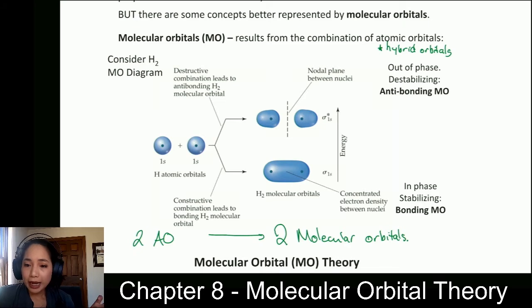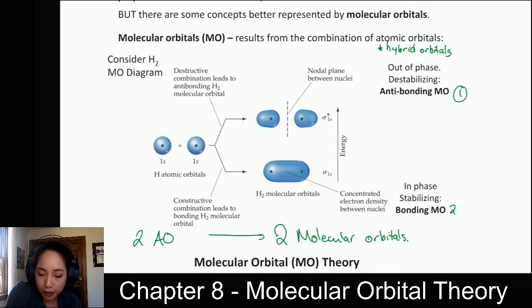When you do a linear combination of atomic orbitals, you actually get molecular orbitals with two different energies. One where constructive interference happens, and then one where destructive interference happens. So when we combine two atomic orbitals, we get a bonding molecular orbital and an anti-bonding molecular orbital.